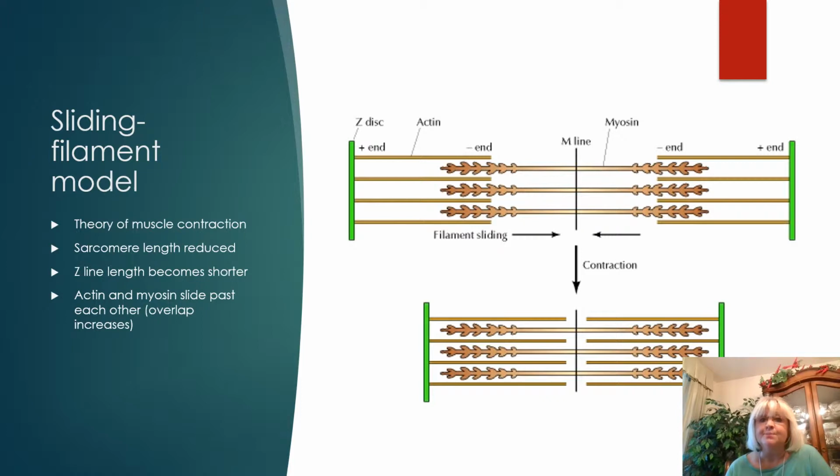The Z lines move towards the A band. The actin filaments are sliding into the region occupied by the myosin filaments. So if you look at the diagram, you can see where the top one goes to the bottom one. This is what happens during a contraction and how they slide from the outside in.